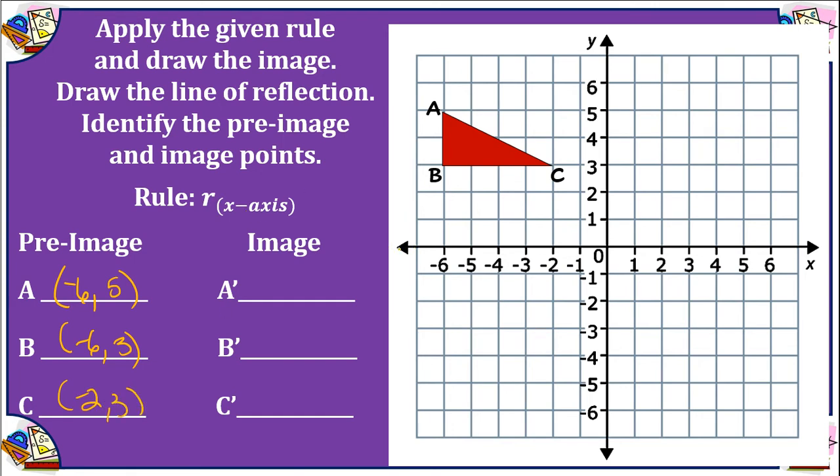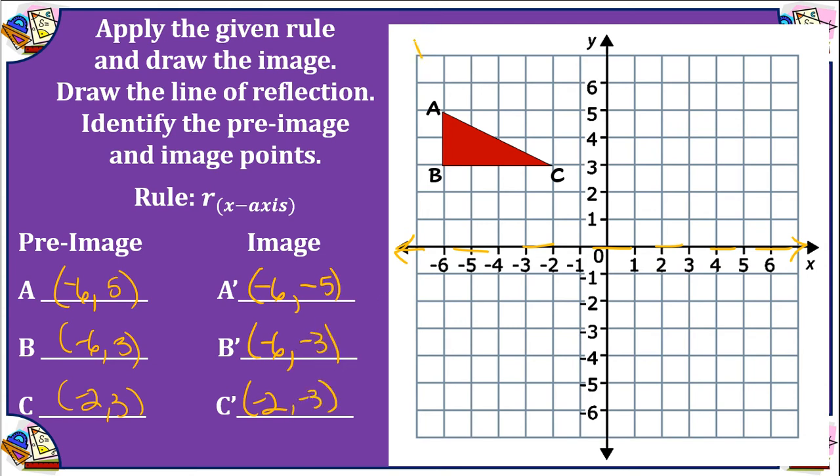It reflects across the x-axis, so I always like to put in a dotted line of reflection. And we already know that if it's across the x-axis, then the x coordinates remain the same and the y coordinates change to the opposite.